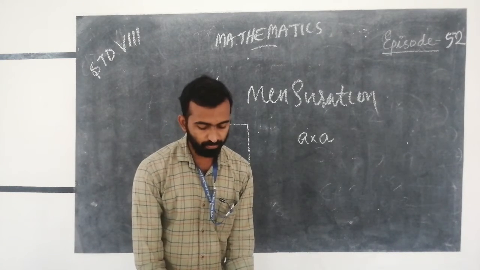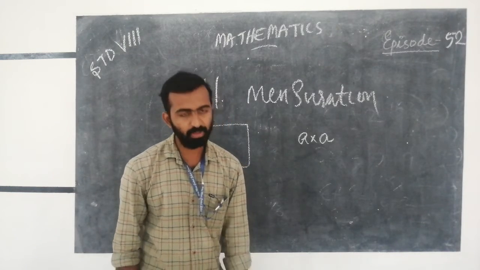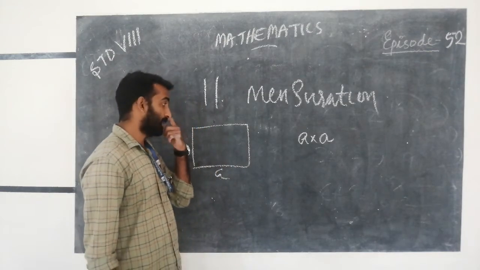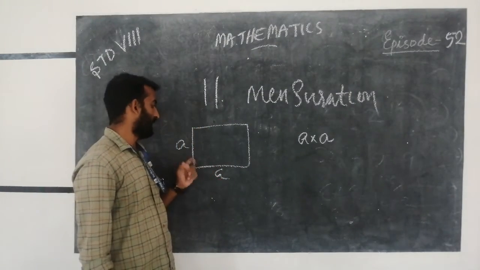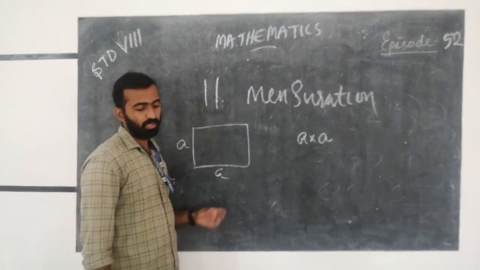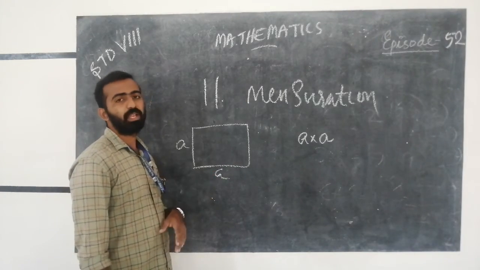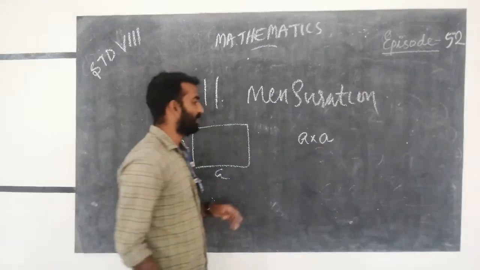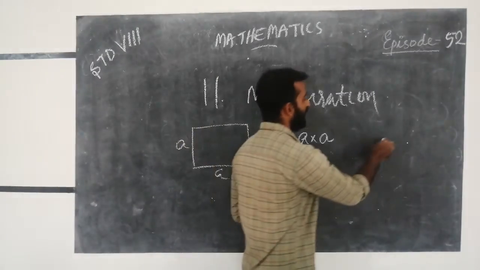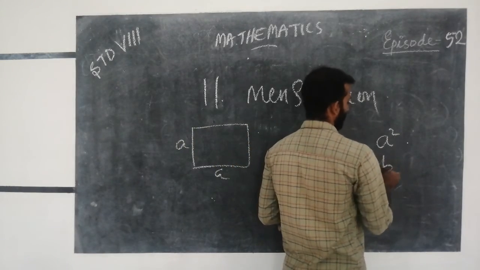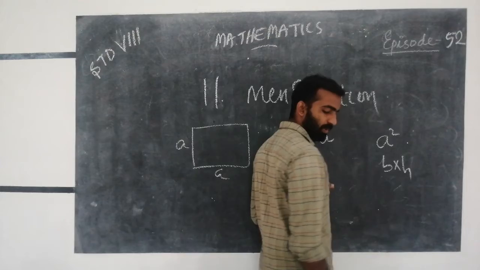Square area is A square, that is A into A. Square area is A square, and rectangle area is B into H.